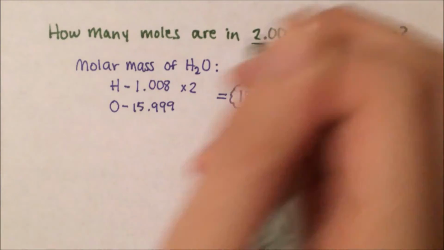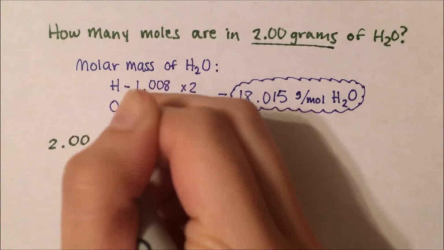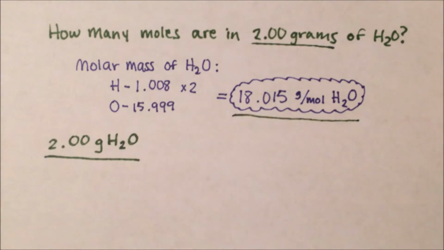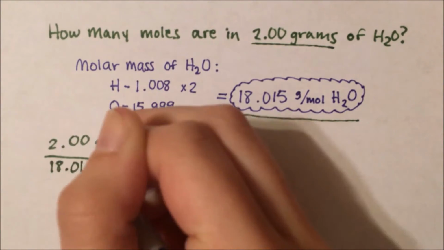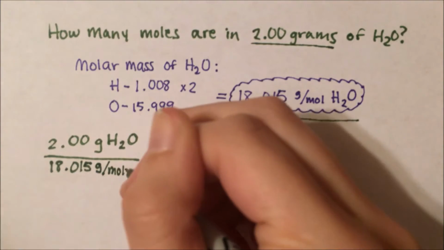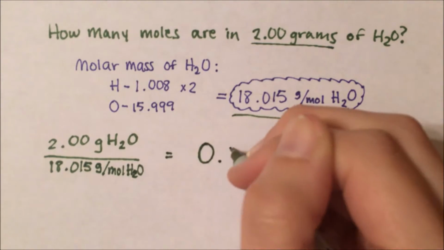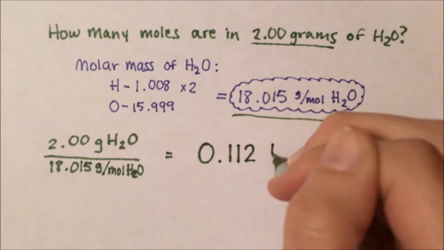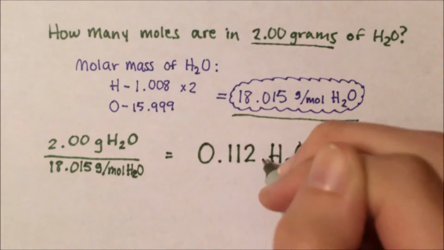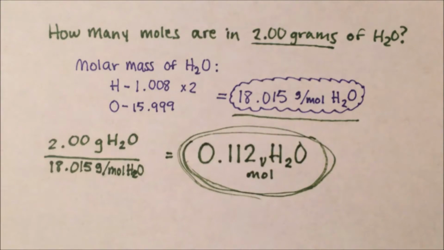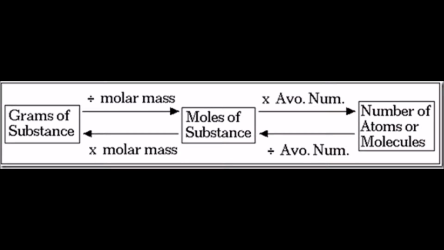Now take the grams of your substance, which is 2 grams, and divide it by your molar mass, to get 0.112 moles of H2O. You can then use this number to find out how many molecules of water there are in 2 grams.